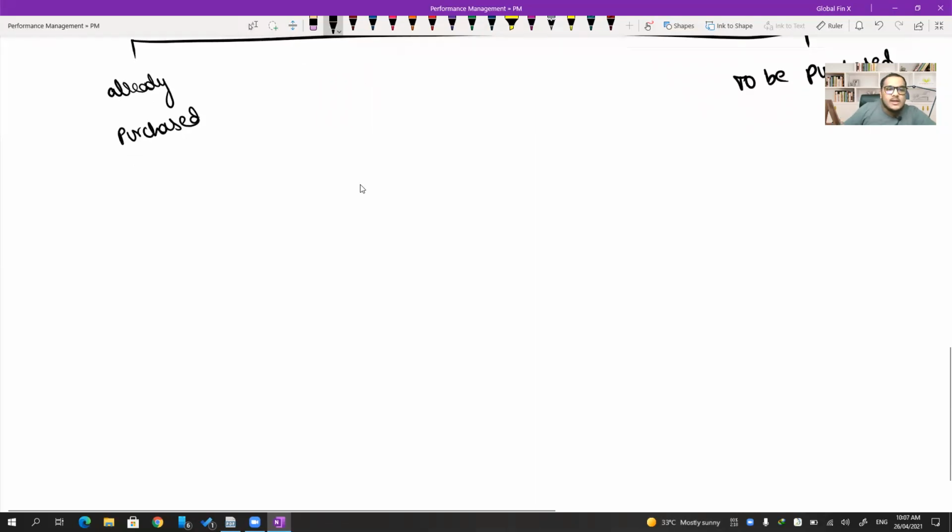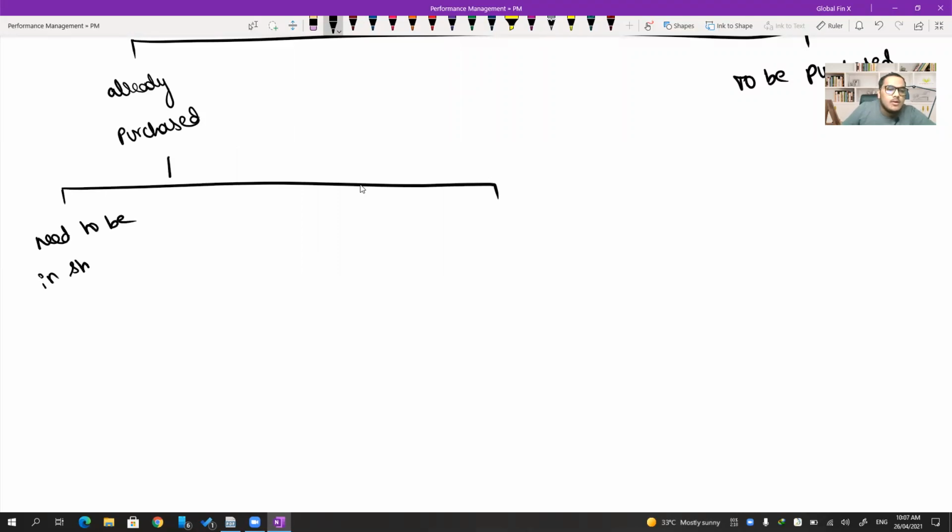What are the possible cases? First of all, it needs to be in stock. That means regular moving goods, so you have to replace it. If you have already purchased some stock and you are using it in a particular project, you need to replace that stock. Okay, that is the first possible case.